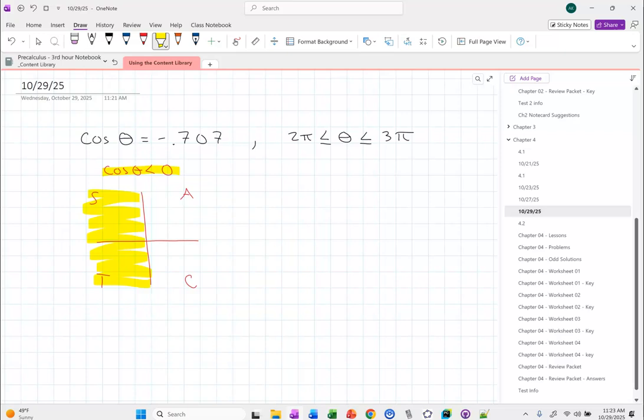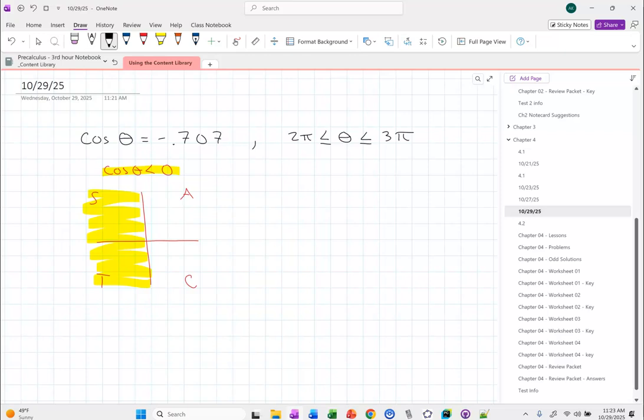The letters tell you what function is positive in that quadrant: A for all of them, S for sine, T for tangent, C for cosine. If the function is not positive there, then it's negative. Remember: All Silly Turtles Crawl.